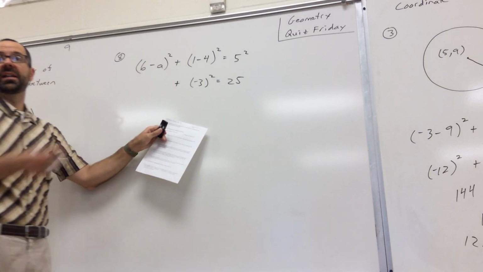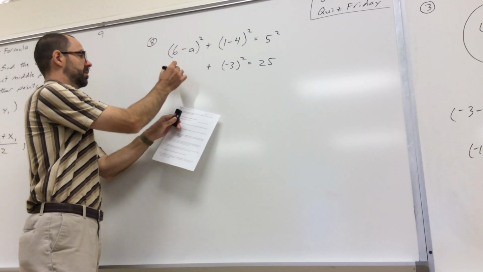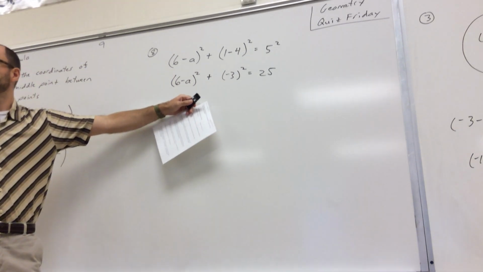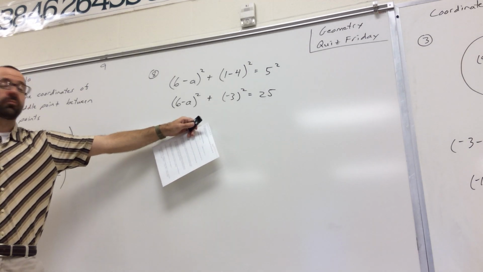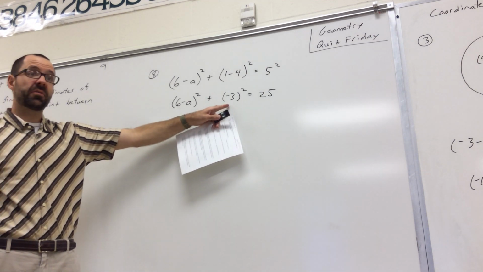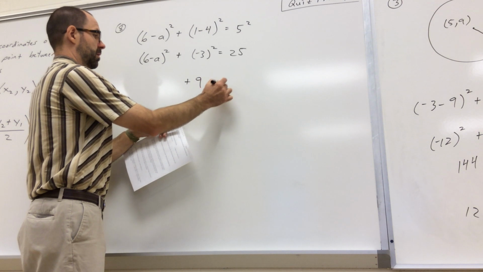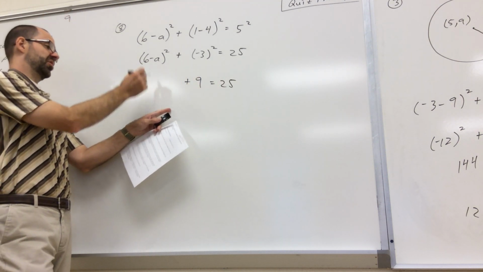But I don't know what A is, so I can't figure out 6 minus A. So I'm just going to leave that for now and hope that later it'll work out okay. Okay, then negative 3 squared is 9. So I could figure that part out. But then I'm still stuck over here.